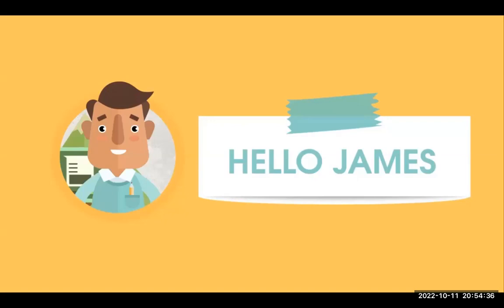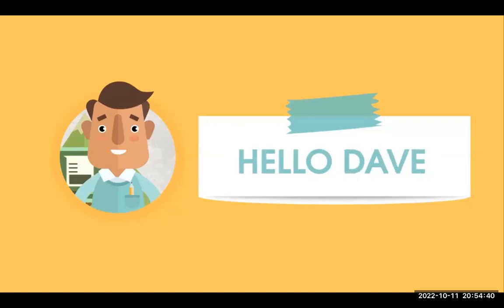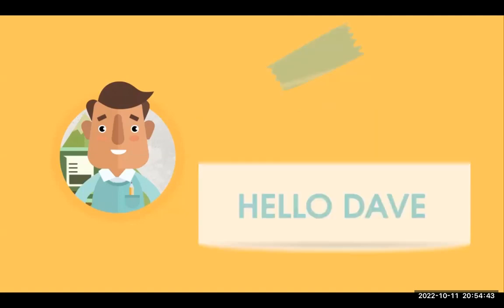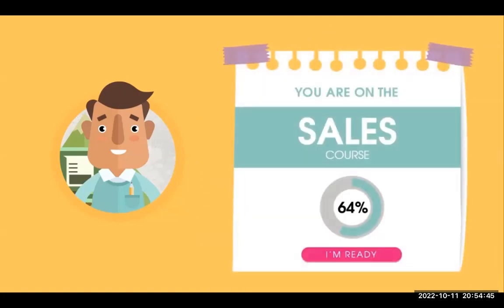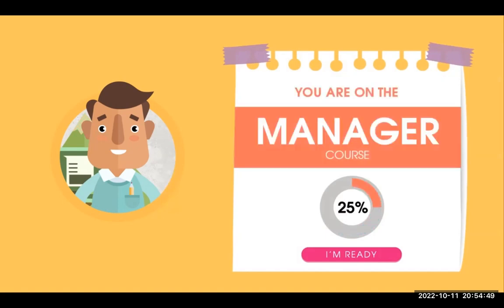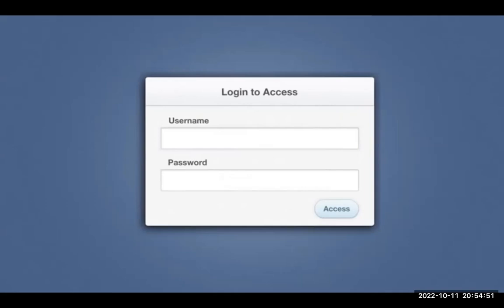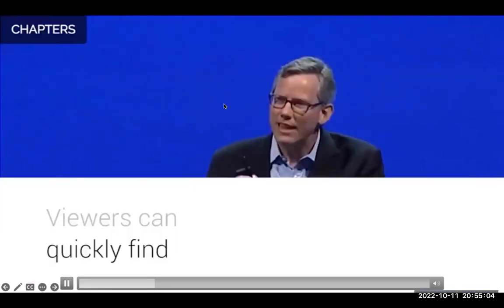Pass in known user information from your LMS and create personalized videos that directly communicate with each viewer. Show video content based on an employee's role and tailor content based on an employee's achievements or current ability. Sign in. Restrict content to specific employees or learners by creating password protected content. Chapter menu. Quickly add a chapter menu to your videos so viewers can jump to specific content instantly.